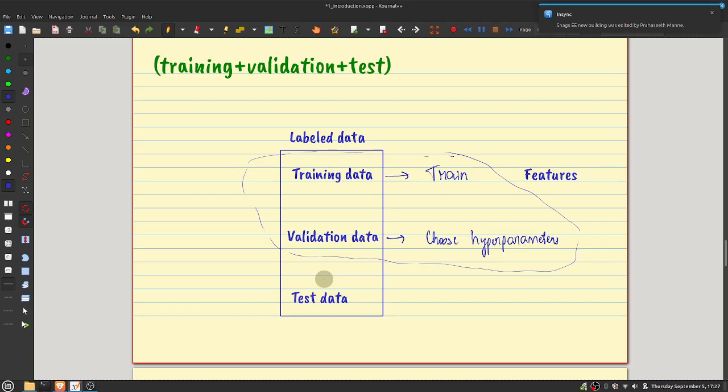But now you need to know how well this is going to perform on unseen data. And one way to test this empirically is to test this on other samples which have not been used in the training data at all. And that is called test data.